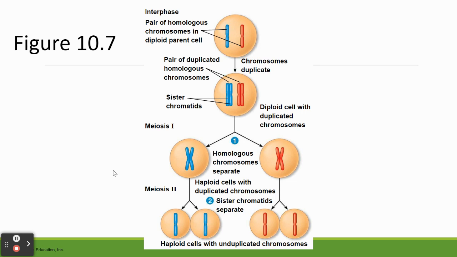In meiosis 1, we're going to separate those homologous chromosomes, so maybe the blue ones from our dad get put into one cell, and the red ones from our mom get put in another. Then in meiosis 2, we're going to separate the sister chromatids, and you have one of each in a new cell, resulting in 4 new cells.